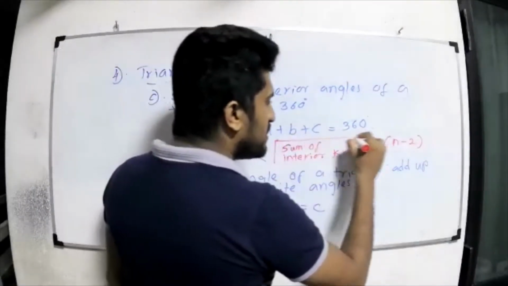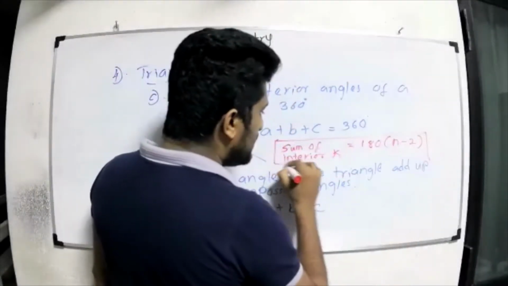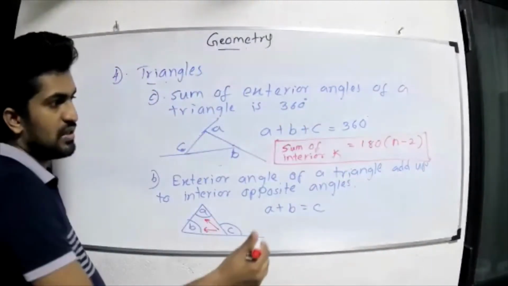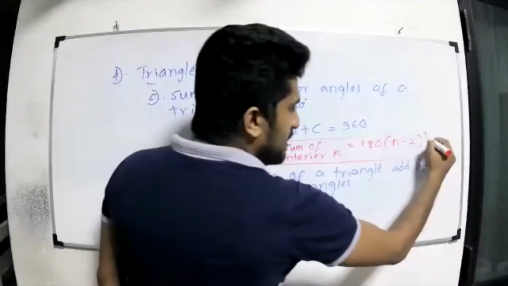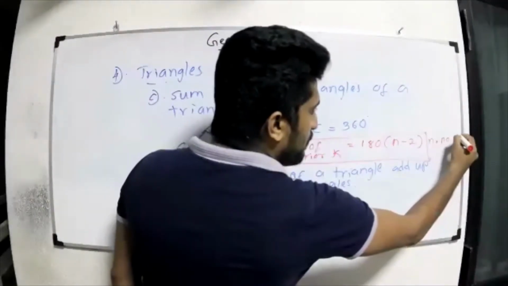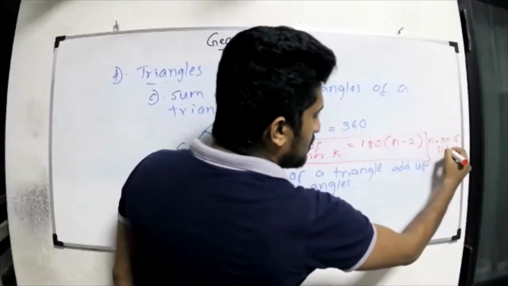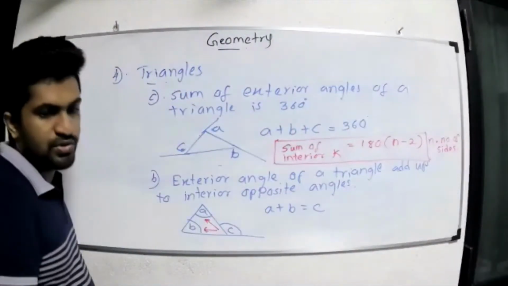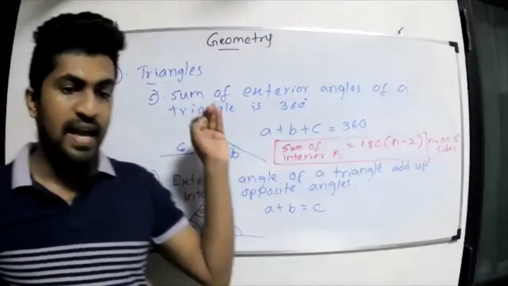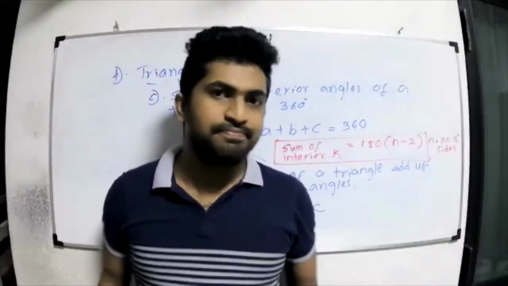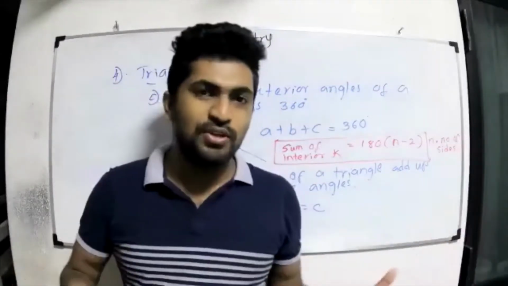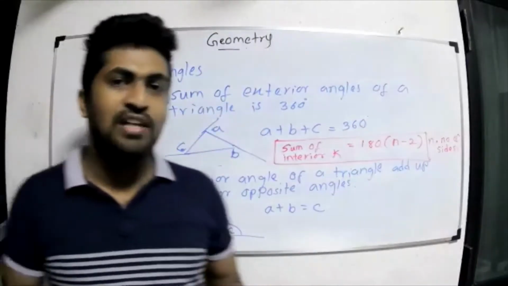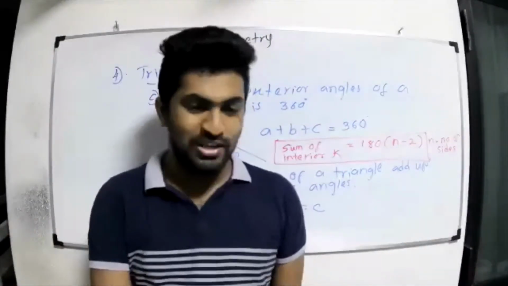This equation will give you the sum of interior angles of any polygon. Here n means number of sides. If I consider a polygon, I can find the sum of its interior angles.